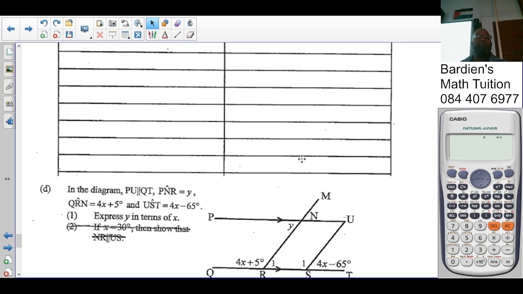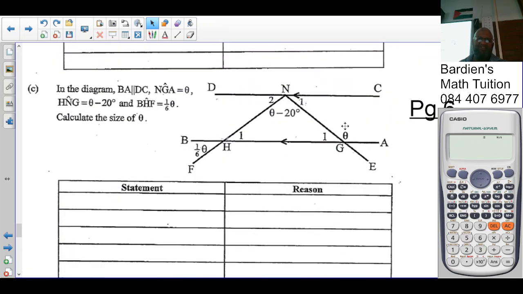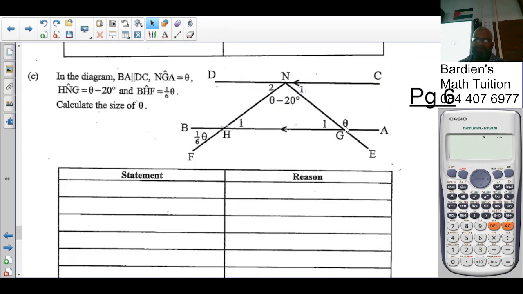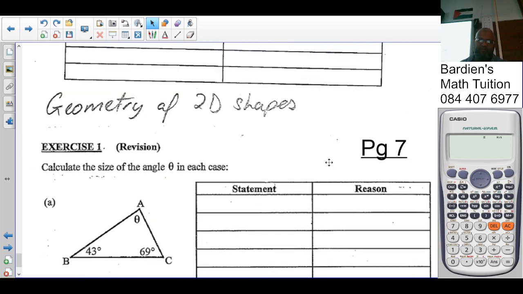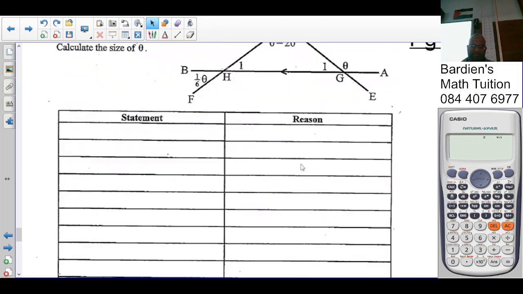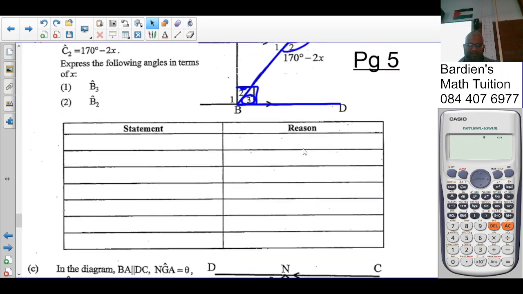So you're going to do for me on page 6, C, and the whole of page 7. Page 7 deals with the revision of geometry of 2D shapes, which is the triangles here. So what we've done thus far is angles and lines. So do that quickly. I'm going to pause the video. I'll give you a couple of minutes.